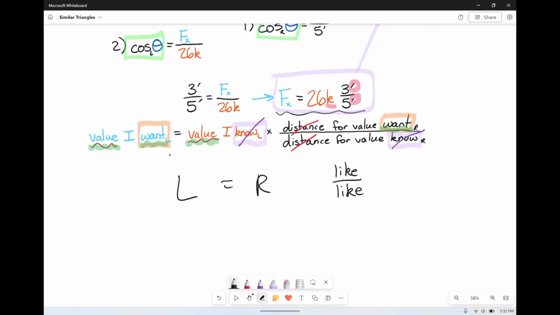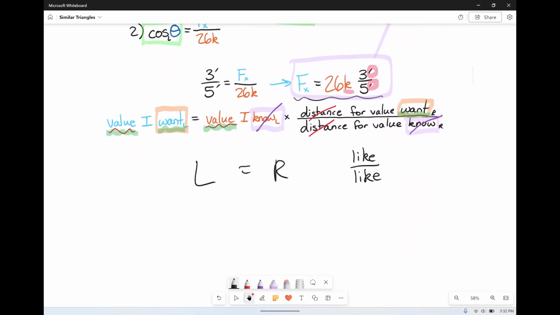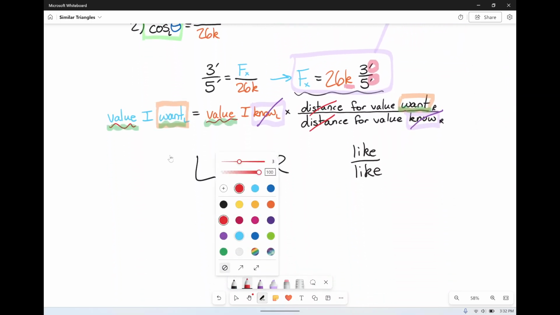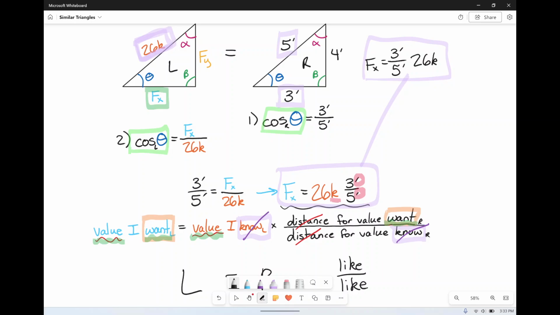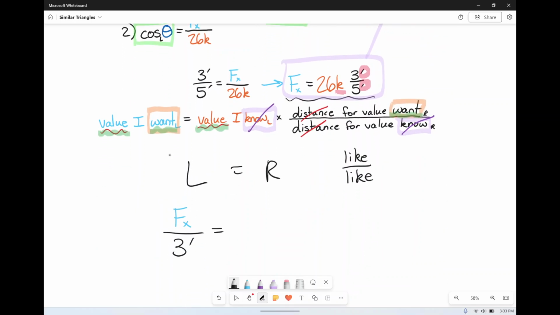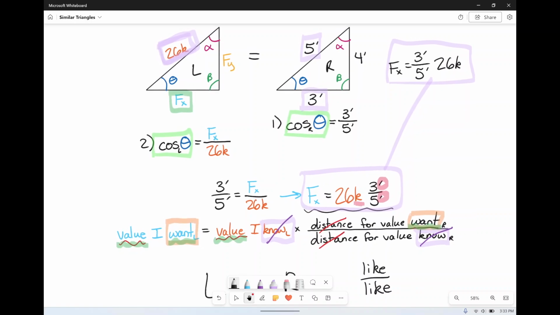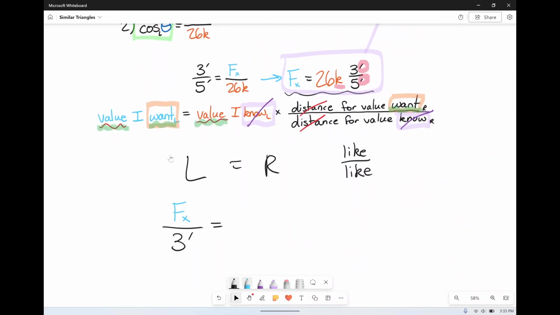Yes, in fact, for what we've been doing with X, we'll continue to do that. We could say that I'm going to compare likes to likes, not just lefts to rights. I can say Fx, which was comparable to this 3 feet, right? Those are both the horizontals. And I'm going to compare that to, what do I know? I know at least a hypotenuse, so I'll compare it to the hypotenuse. Now, because I did the force on the top, I've got to pick from the force side on the top.